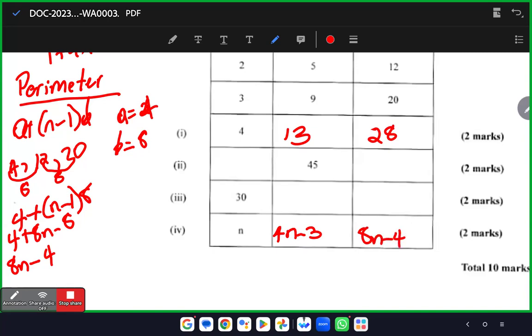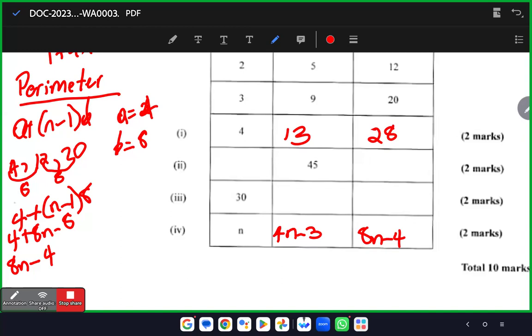Once we have our formulae, our work is as good as done. Let's look at what we are supposed to do. I'm going to show you how to use the formula by doing question 3 first.